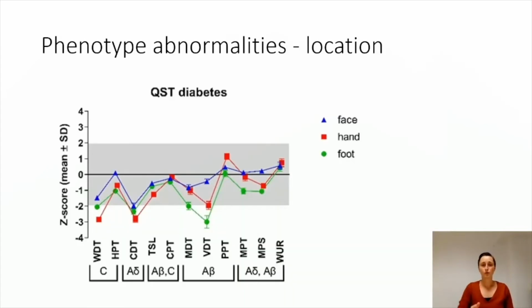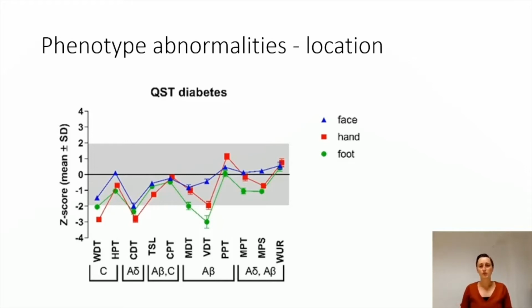This is also what we do in our research unit. We study, for example, larger groups of people with peripheral neuropathy due to diabetes, and we study different locations. Diabetic neuropathy is classically length dependent, where abnormalities first appear on the feet, and as the disease advances, these abnormalities spread to the hands as well, or maybe even more widespread.